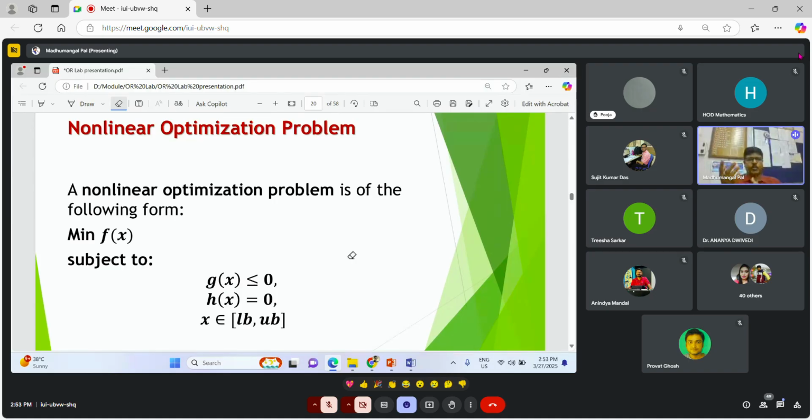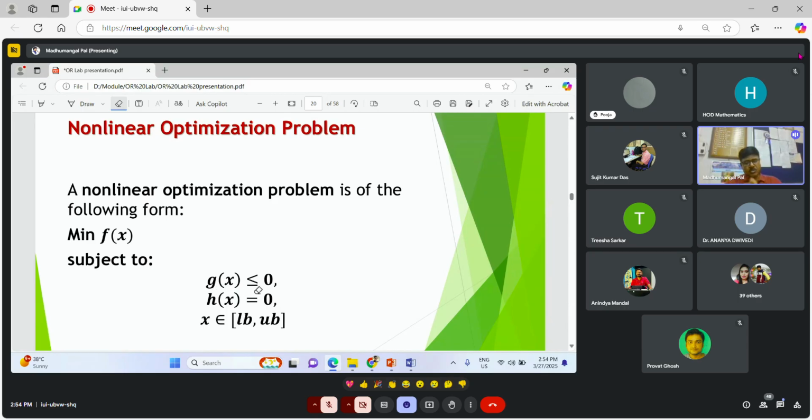That means it may be quadratic, it may be cubic, or any arbitrary shape. And also the constraints are linear or nonlinear. This is the special case. In general, we assume that in the nonlinear optimization problem, the constraints are also nonlinear, not linear. Objective function is nonlinear as well as the constraints are nonlinear.